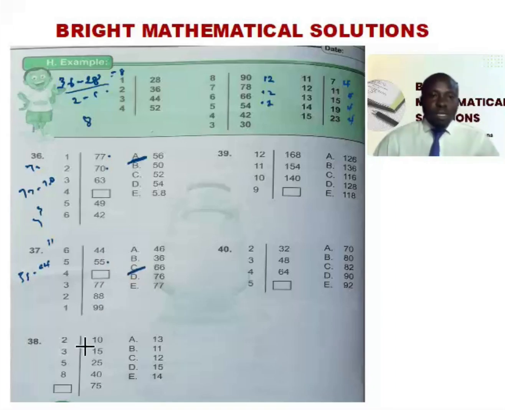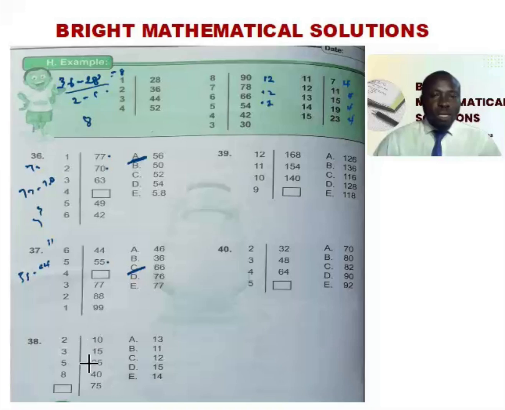So let us look at the next one. This one is increasing. Now let us pay attention to this one. This is 2 and 3, 3 to 5, 5 to 8. So this one is not increasing in arithmetic progression. But it is increasing in geometric progression.